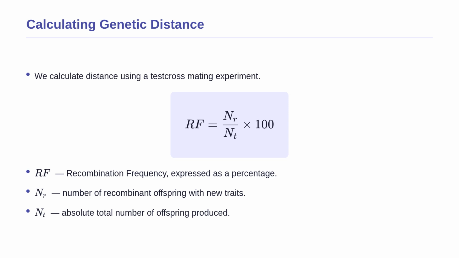The variable RF stands for recombination frequency. The numerator, NR, is the number of offspring that inherited a new combination of traits due to crossing over. The denominator, NT, is the absolute total number of offspring produced, including both parental and recombinant types. If the number of recombinant offspring increases, the RF value increases, indicating the genes are further apart.